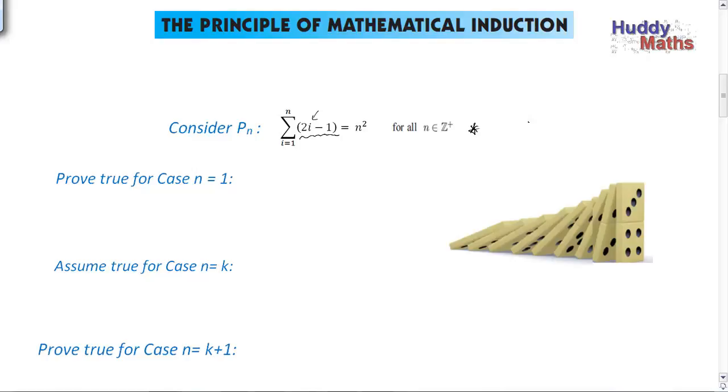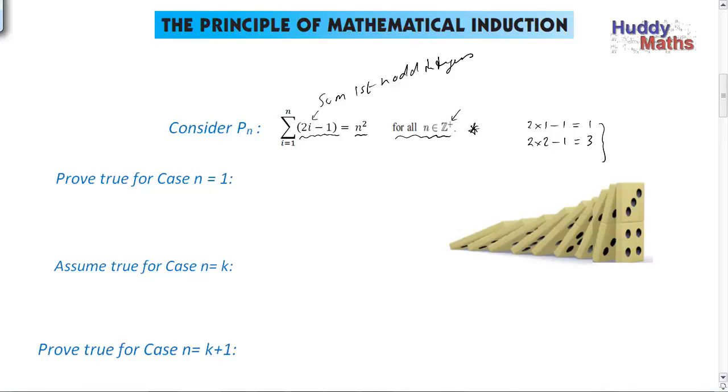Check it: 2 times 1 take 1 is the first integer, 2 times 2 take 1 is the next integer. Do you agree this is the sum of the first n odd integers, as we saw before? We're saying the sum is equal to n squared, for all n a member of the positive integers.